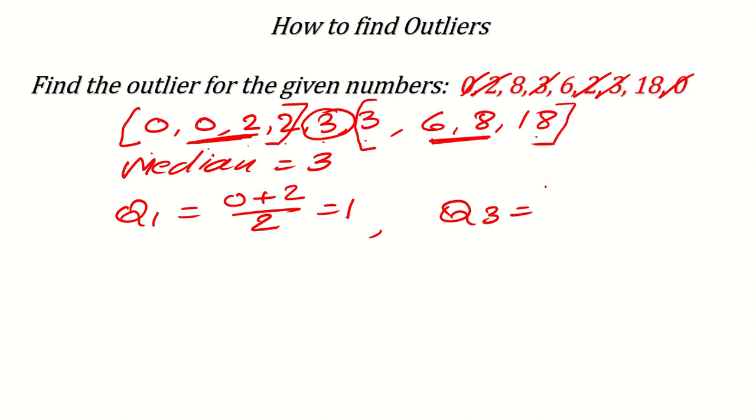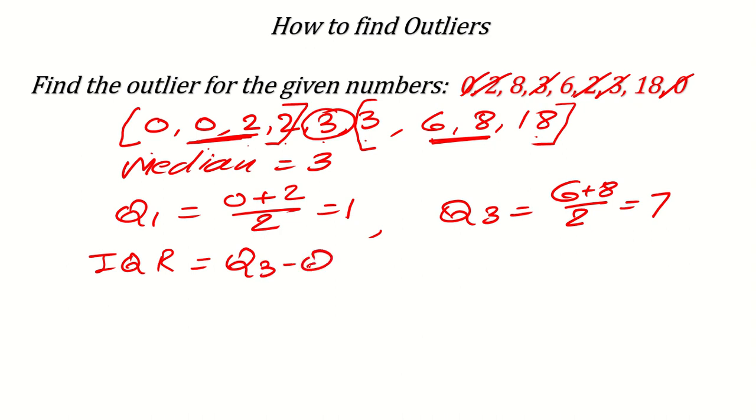It will be 6 and 8, so 6 plus 8 divided by 2 means 7. So the first quartile is 1 and the third quartile is 7. What will be the interquartile range? What formula did I tell you? Q3 minus Q1. So it will be 7 minus 1, which is 6. Now what will be the lower limit?